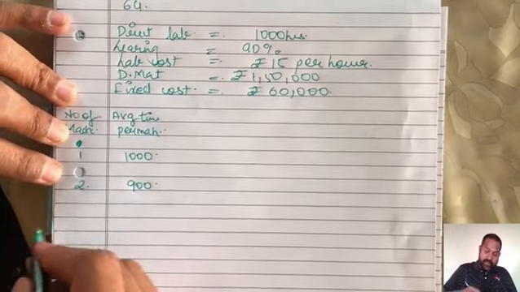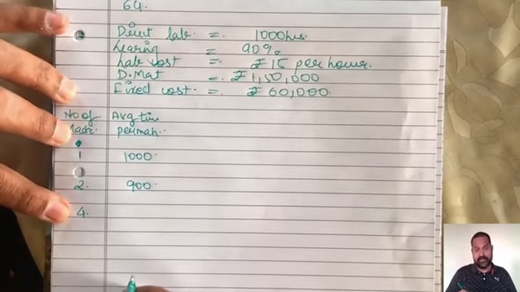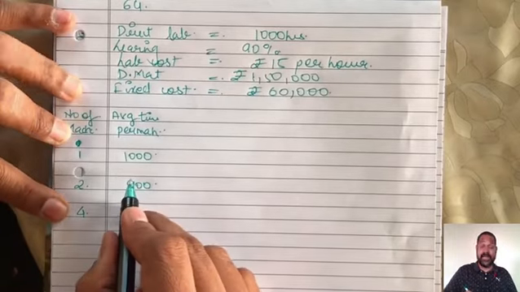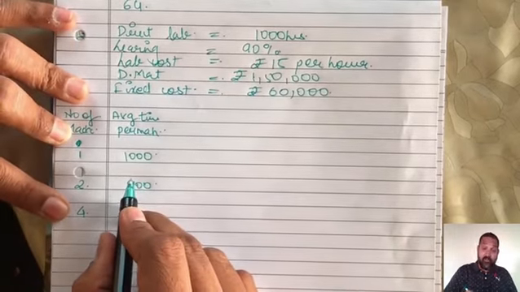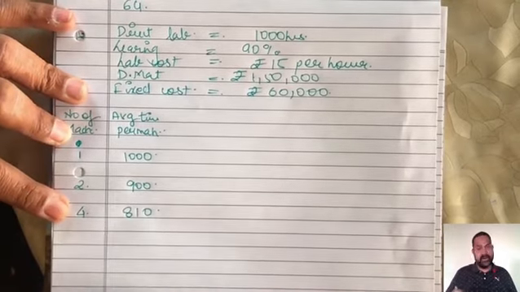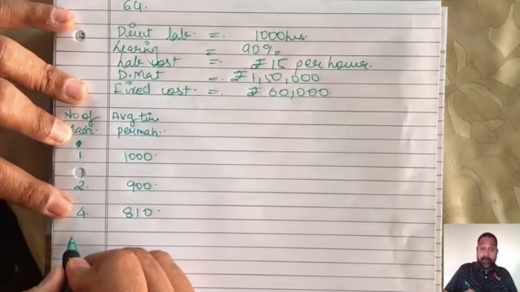What happens when I double the work, 2 plus 2 is 4 machines. When I make 4 machines, it will take 90% on an average of 900, which is 9 9s are 81, 810 hours.